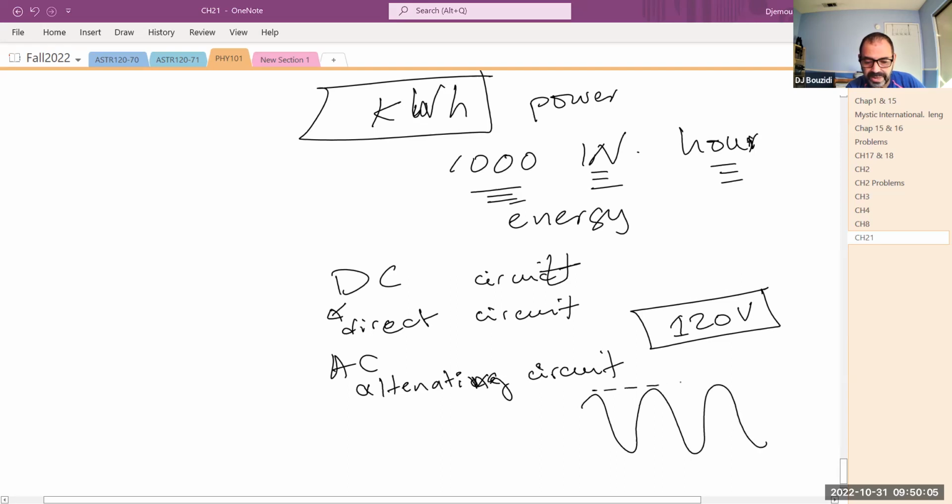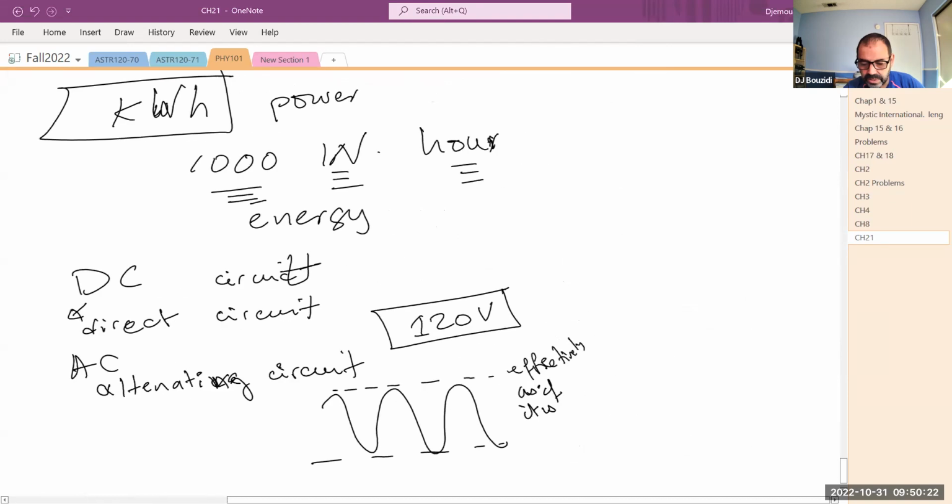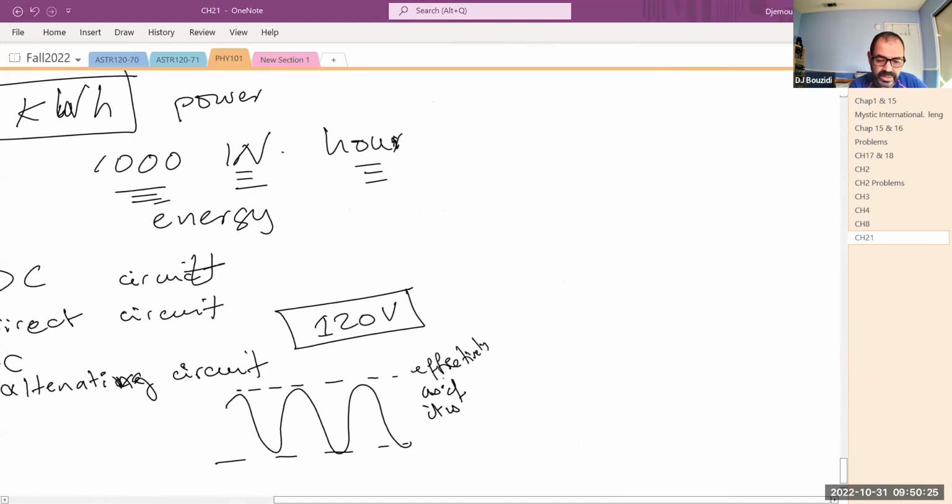At some point it's a very high voltage, and at some point it's a very low voltage. Effectively it acts as if it is a DC current with a value of 120 volts. 120 volts is shy of the maximum by a few factors.